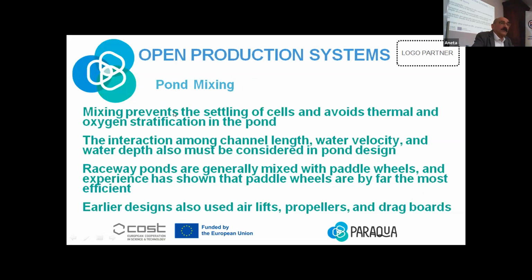So mixing, of course, as we already said, prevents cells from settling and avoids thermal and oxygen stratification of the pond. In the summer, especially if you have not only water but cells in the ponds, you will get a high temperature on the surface, because penetration of even the infrared light is difficult, and at the bottom you will have a lower temperature.